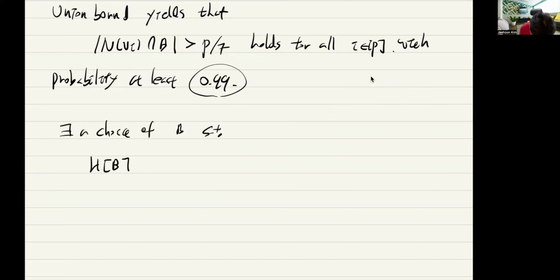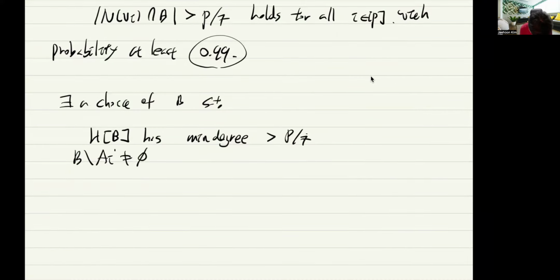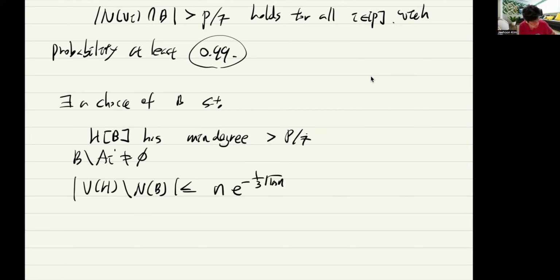Meaning that this has in-degree bigger than P over 7, and B minus A_i is not an anti-set for any A_i. And out of here, the non-neighbor set has very small size.